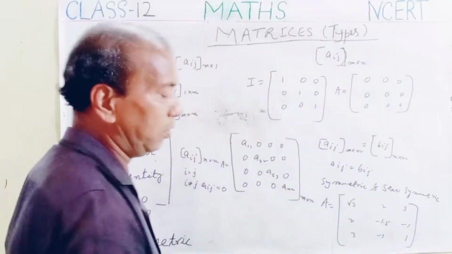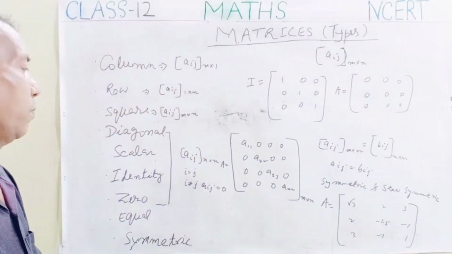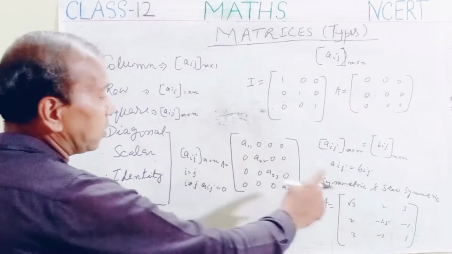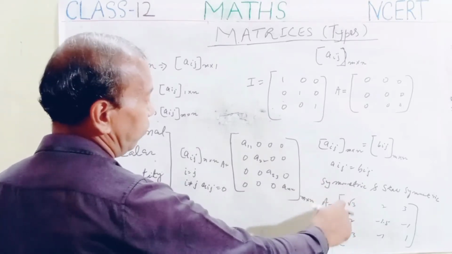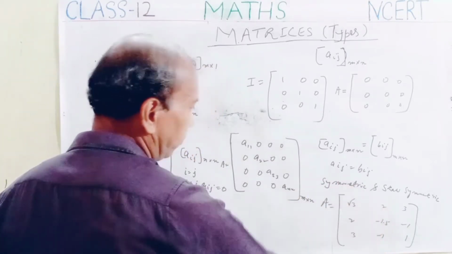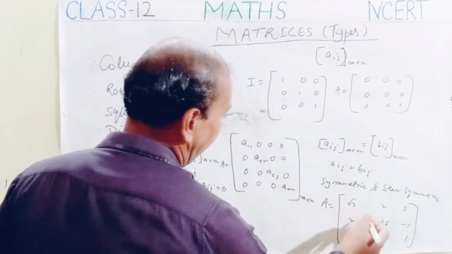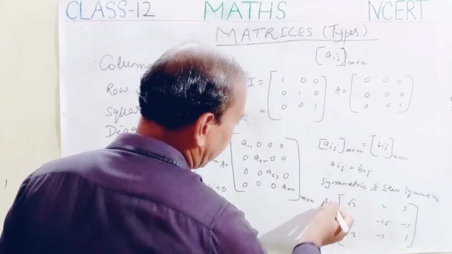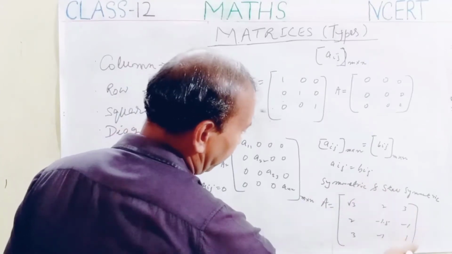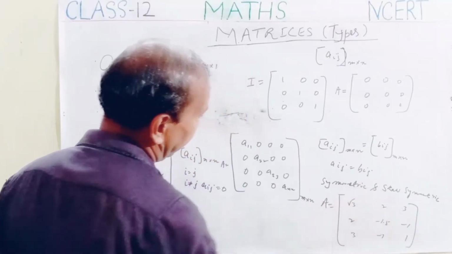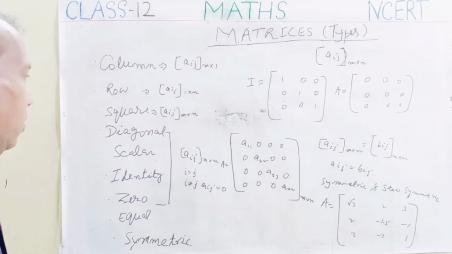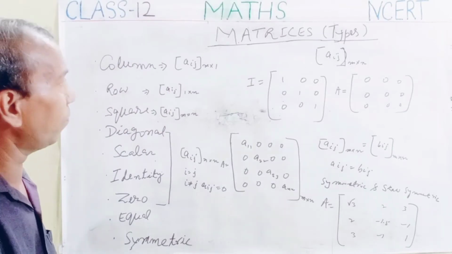This is symmetric. Why? Because if you change the row into column and column into row, you will get the same matrix. So it is a symmetric matrix. So these are all the types of matrix.